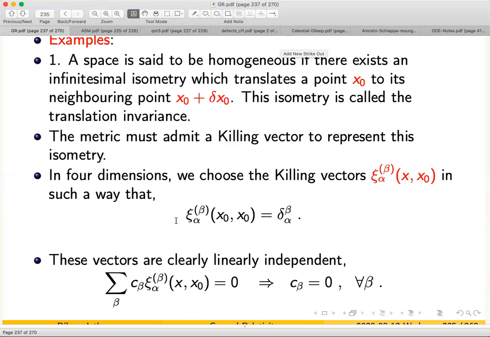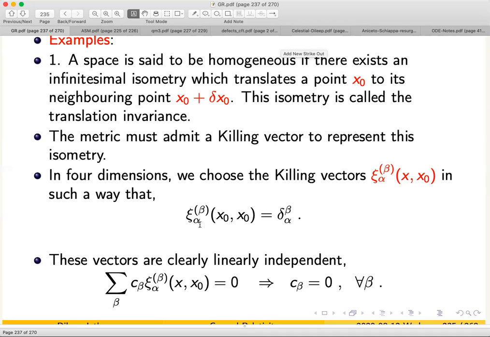But generically, you would write down a killing vector, which at a particular point would take a constant value. Okay, and so this basically is a vector because xi carries index alpha. This beta tells you that there are as many vectors as the number of values that beta can take, and beta of course also takes the same number of values that alpha does.